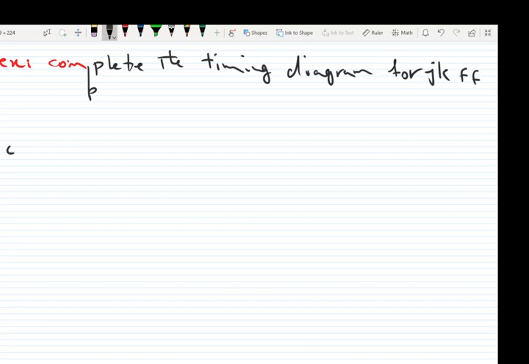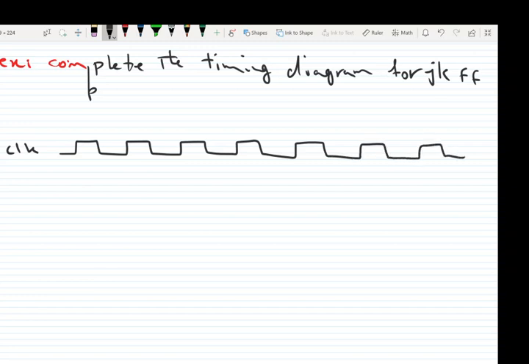Let's assume we have this clock cycle. So the clock cycle is a signal like this. And let's say we have output y with the initial value of 0, and it's always useful to show the edges by dashed lines.